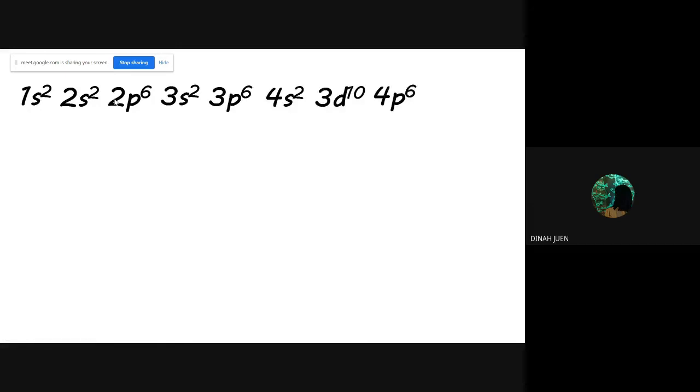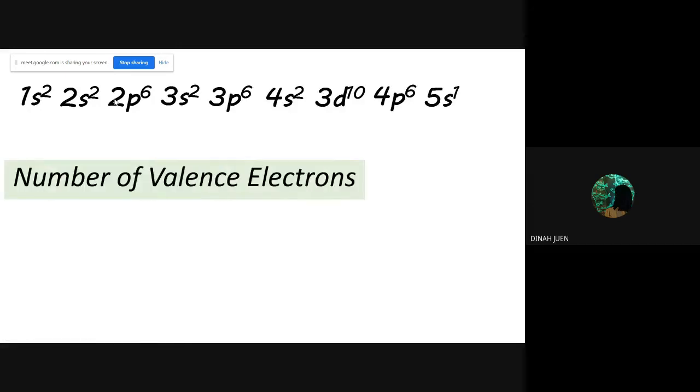So we have here the longhand form. In order for you to know the number of valence electrons, the technique that you need to remember is to go back to your longhand SPDF notation and find the highest energy level. The highest energy level here is 5, the fifth level. For this fifth level, you need to look at how many sublevels it uses.